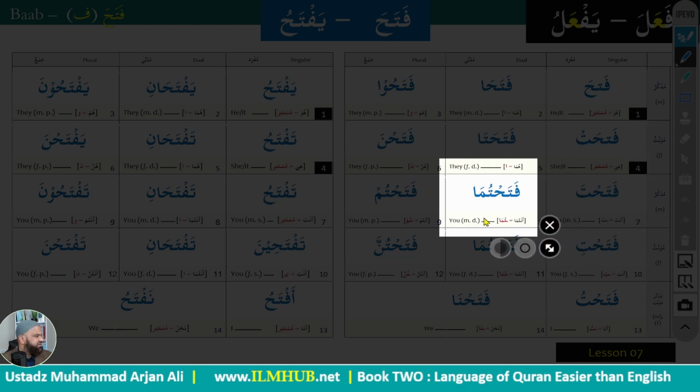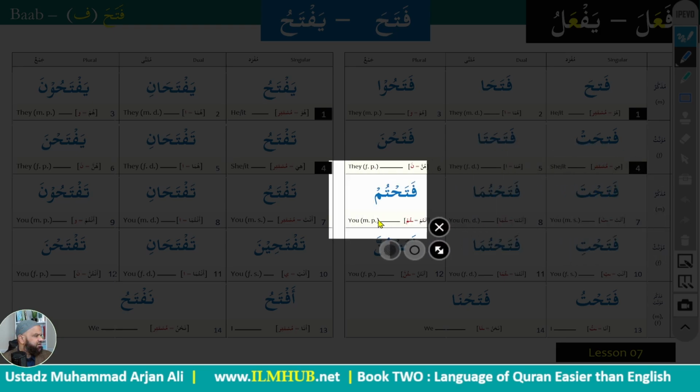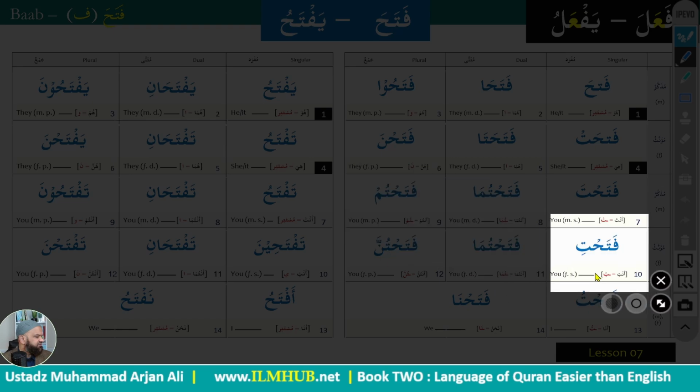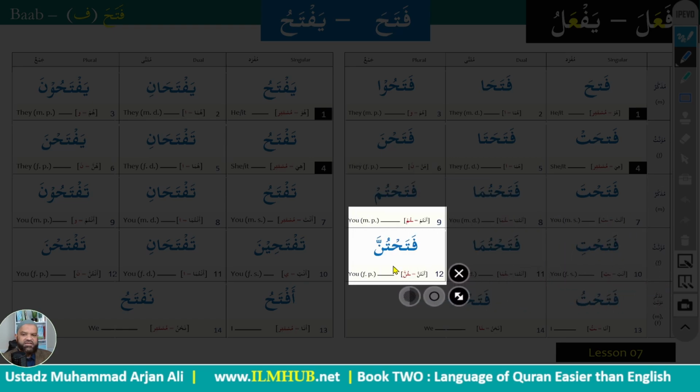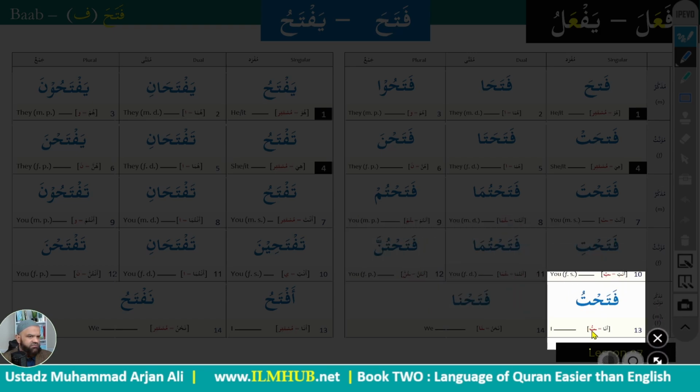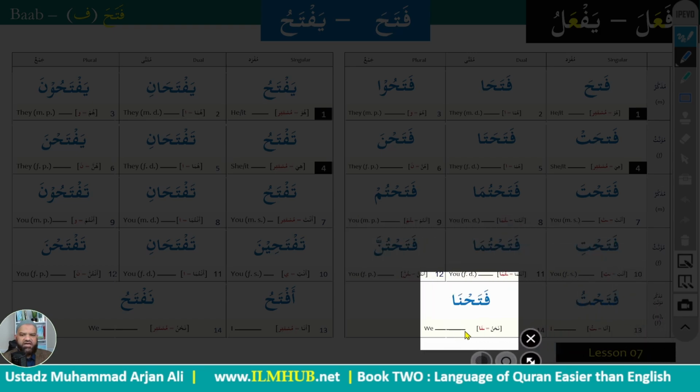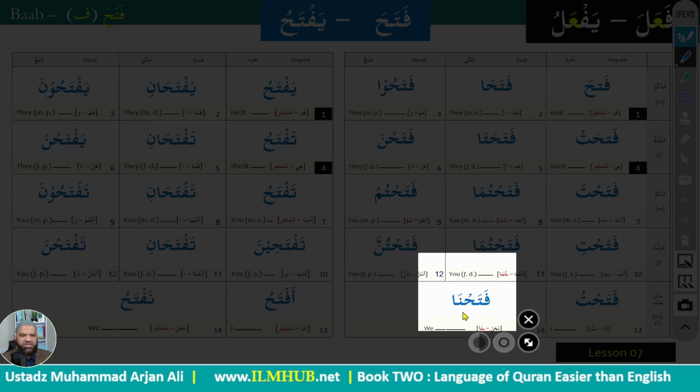Fatahta. Fatahtuma. Fatahtum. Fatahti. Fatahtuma. Fatahtunna. Fatahtu. Fatahna. And again, you can see how we conjugate previously. This will be the same for every verb that goes through this scale.